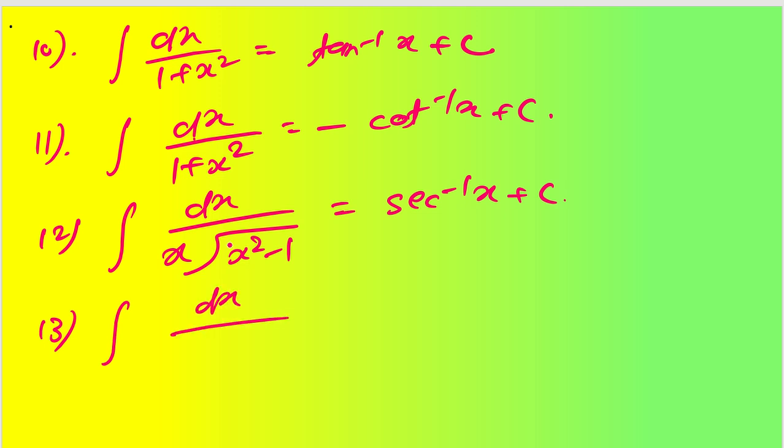So dx by x root under x square minus 1 can also be written as minus cosec inverse x plus c. So why I am telling you these sec inverse as well as minus cosec inverse is because sometimes you need to write minus cosec inverse to suit the solutions. Okay.